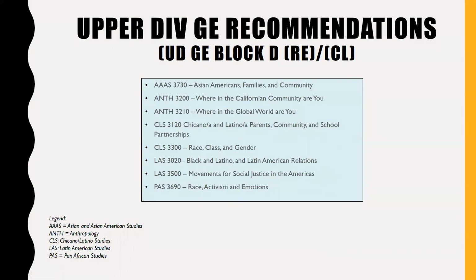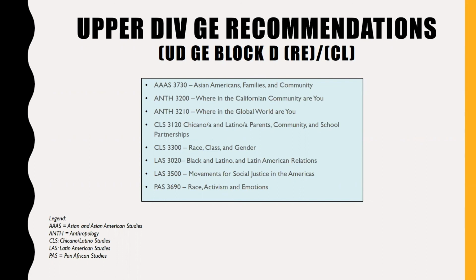Thank you, Sue. So for upper division GE recommendations, as we mentioned previously, we want you to take one course that covers GE Block D, or social sciences, as well as race and ethnicity and civic learning. Race and ethnicity and civic learning are both university requirements. They would need to be taken. The following courses here would cover all 3.